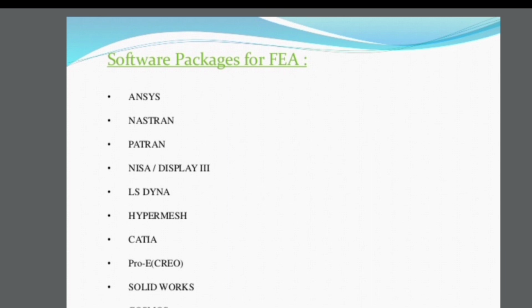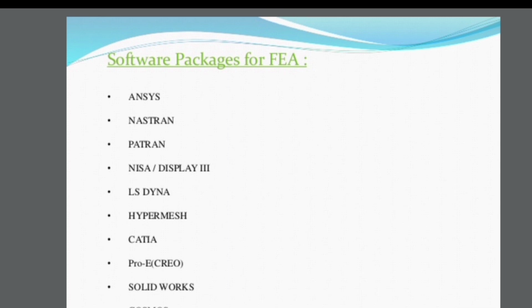These are the softwares mostly used to solve engineering problems. ANSYS is a very powerful tool, whether the analysis is structural or non-structural. Structural means an analysis on structural elements like trusses and beams, for example.